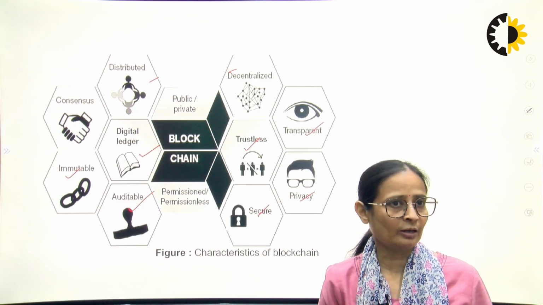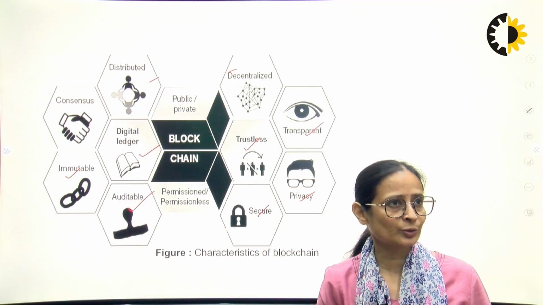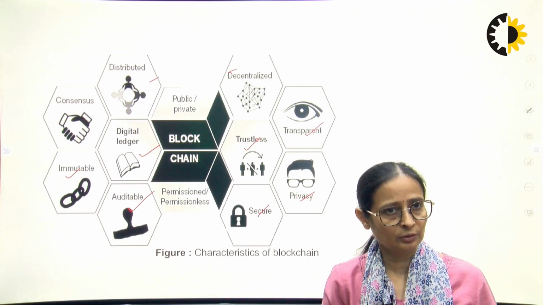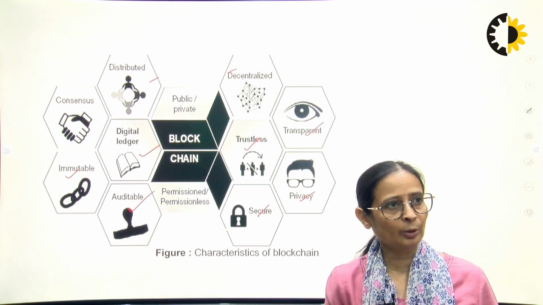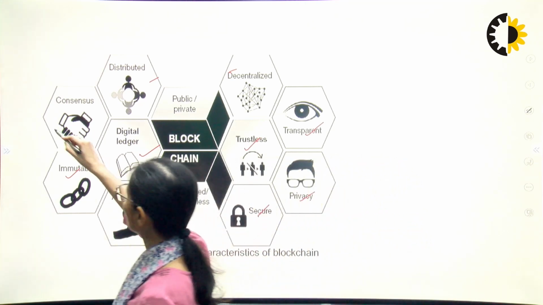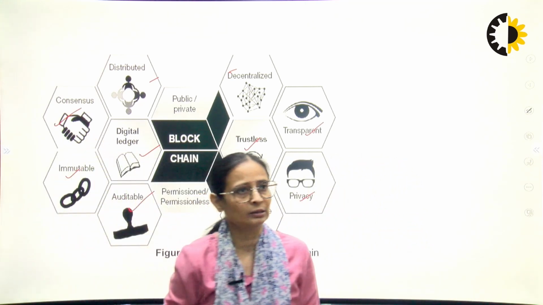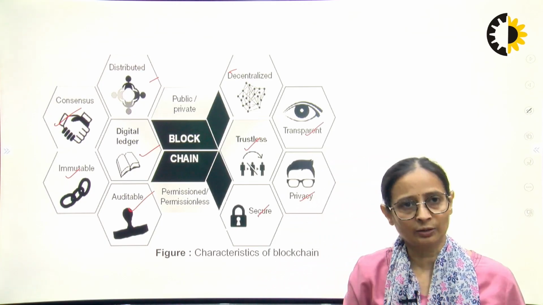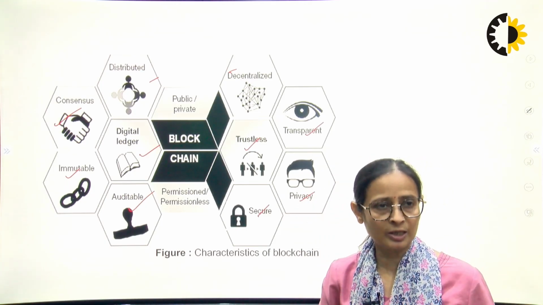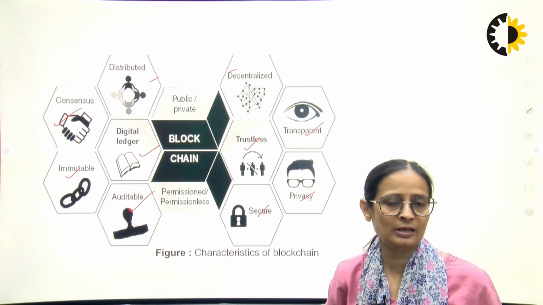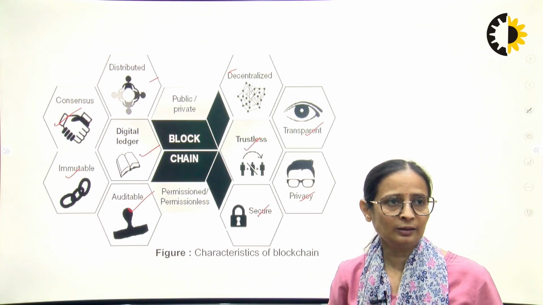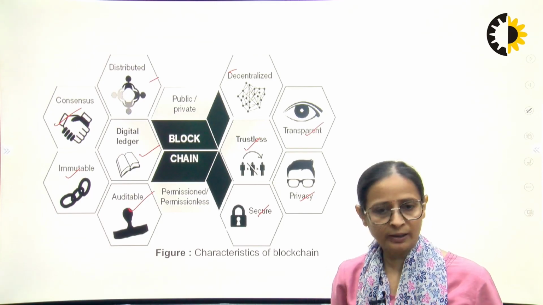It is secure to use as compared to ordinary databases. And when you are adding something to the blockchain, we have the consensus algorithms, that is, agreement based algorithms and protocols which verify the transactions, and after verifying, they agree on some mutual understanding.